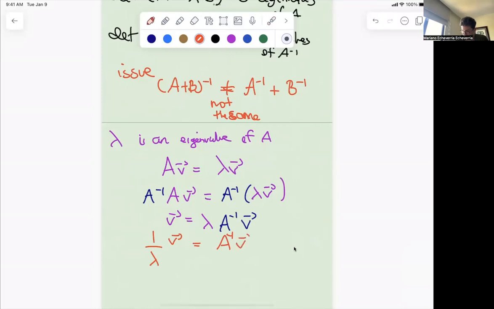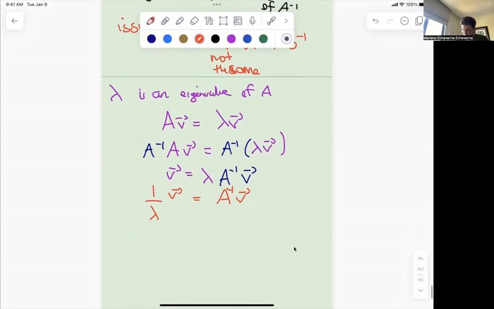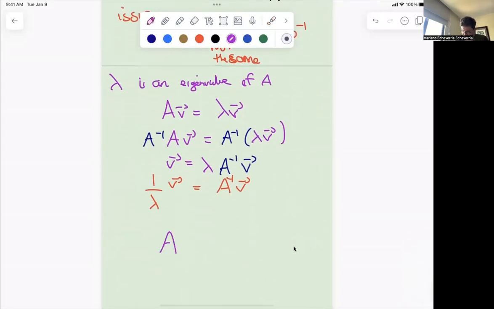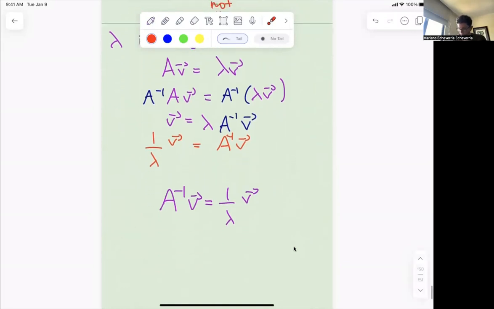But that is precisely saying that, if you prefer to write the matrix on the left-hand side, the matrix A inverse times this vector V is 1 over lambda times V. So that's precisely the eigenvalue equation, but for lambda inverse, right?